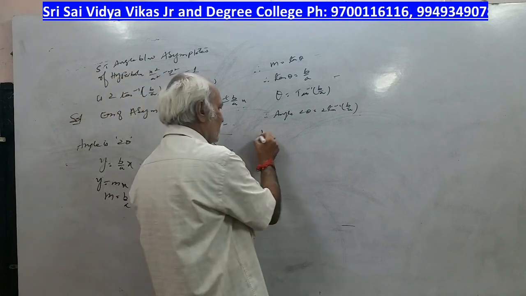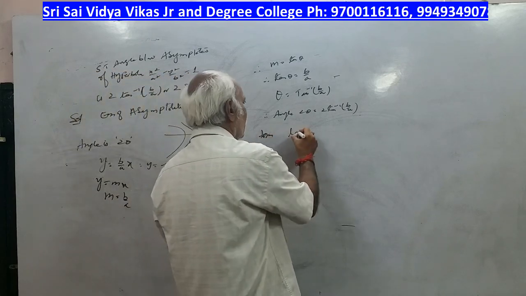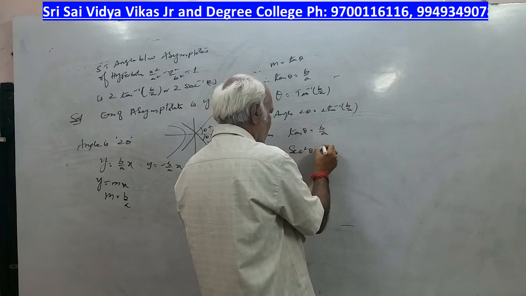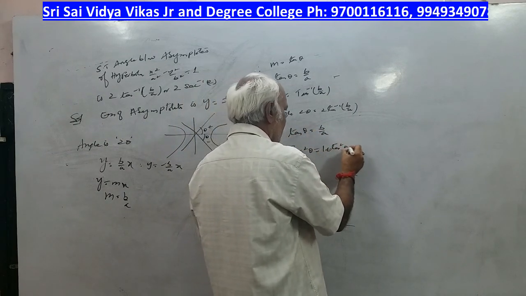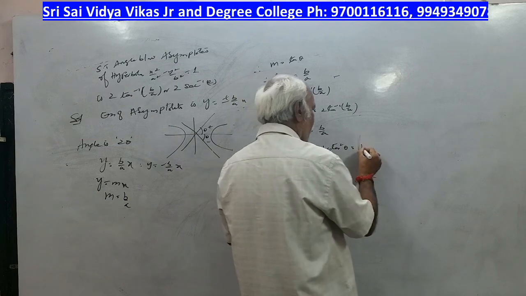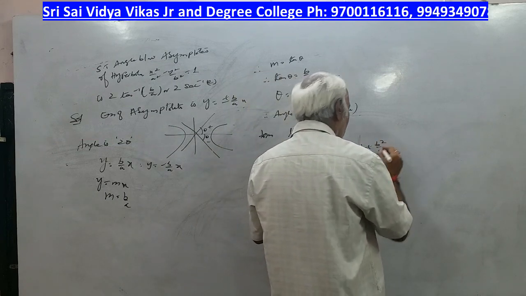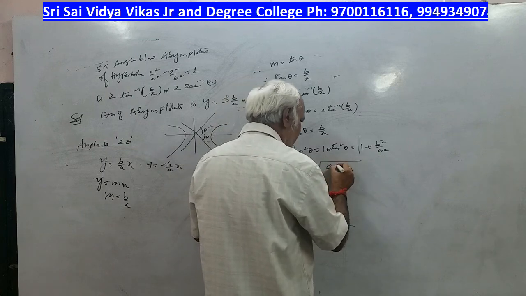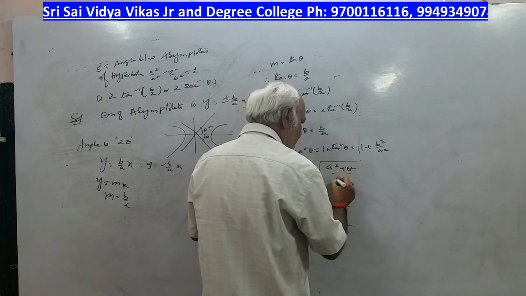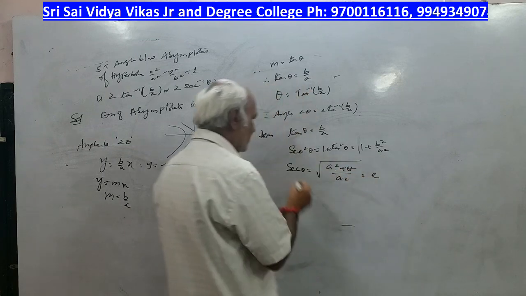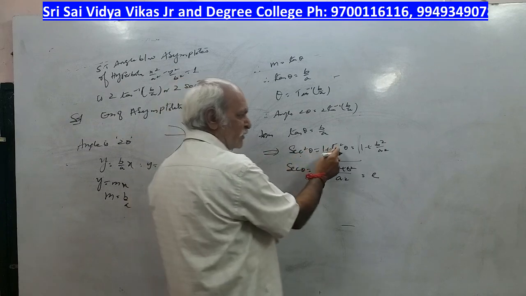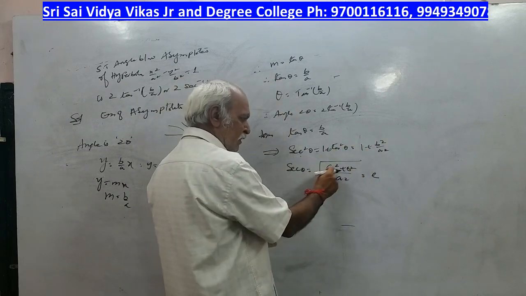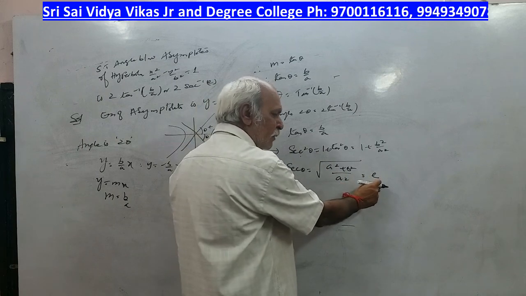Next, again, tan theta is equal to what, sir? b by a. What is secant square theta? 1 plus tan square theta. So, it is 1 plus b square by a square. So, secant theta is nothing but root of (a square plus b square) by a square, which we know is e.